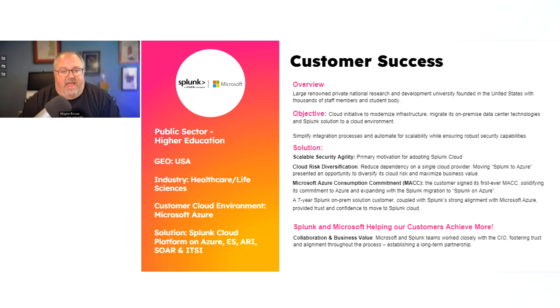They had signed an agreement with Microsoft to consume on the Azure platform. Between that and having initiatives to modernize their infrastructure and to move from an on-premise data center presence to a cloud environment, it was really a no-brainer to have their Splunk presence in Microsoft Azure.